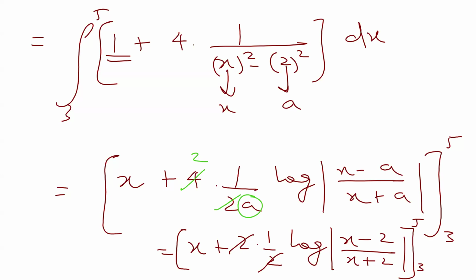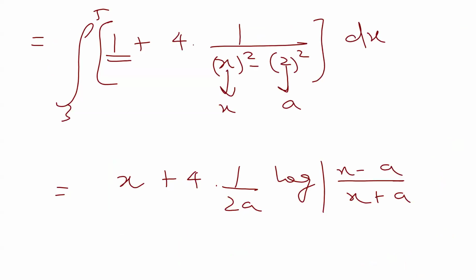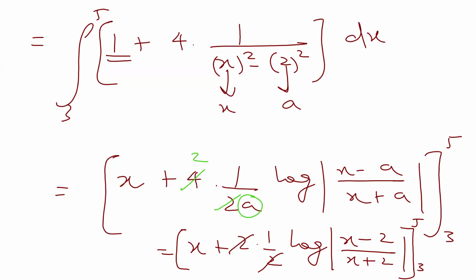Okay. Now in the first box, wherever there is x, I'm going to put 5. And in the second box, wherever there is x, I'm going to put 3.